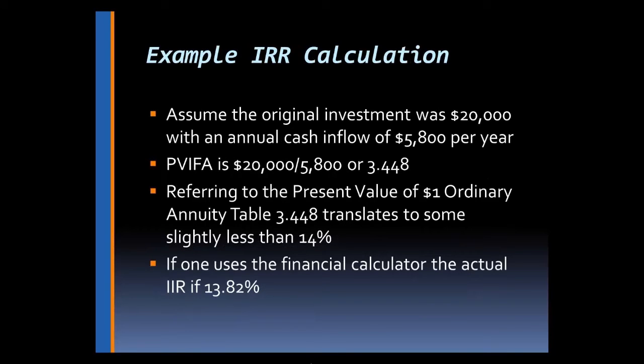So, let's assume that the original investment was $20,000 and the annual cash inflow is going to be $5,800 per year. So first we calculate the PVIFA by dividing the 20,000 by 5,800, and you get 3.448.